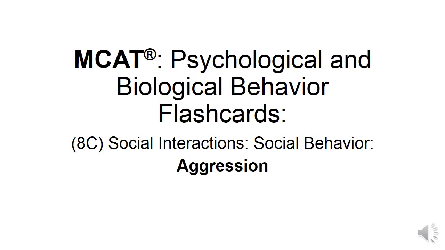Hi, so this is one of my favorite parts of the MCAT to mull over and discuss: the psychological and biological behavior section. These flashcards are going to detail information from topic 8C, that's social interactions, more specifically social behavior, and even more specifically, the main topic of these cards is aggression.